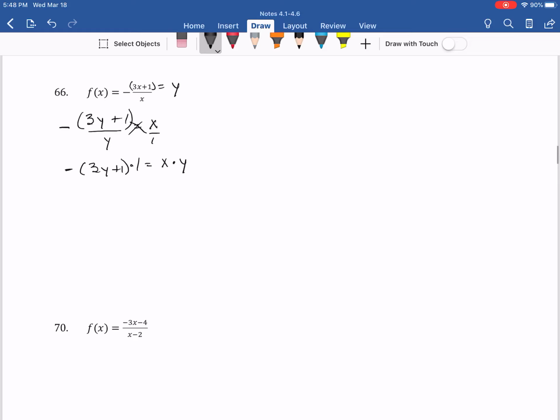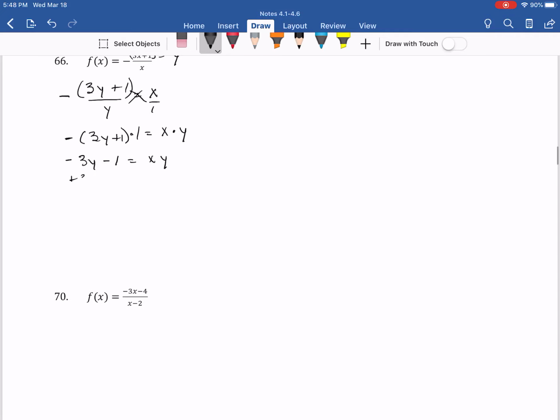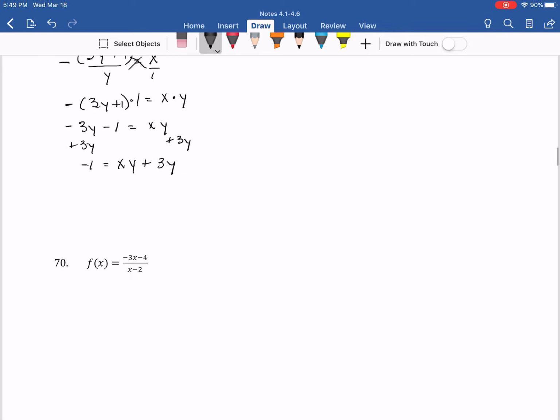All right, let's keep going. Distribute the negative sign. Get the y terms to the same side. I'm going to add this. Now they're not like terms, so I can't combine these two terms, but those two terms both have a common factor, which is y.